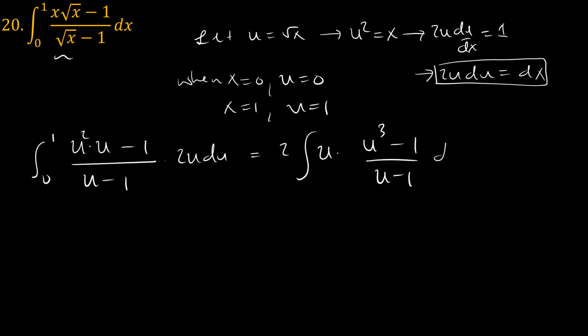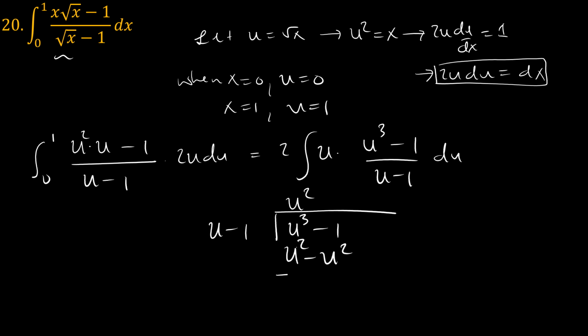And I don't know, let's do some acrobatics here. U minus 1. So u squared, we have u squared minus u squared, which is u squared minus 1.